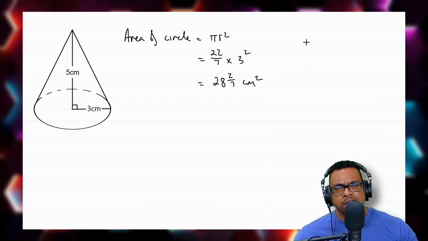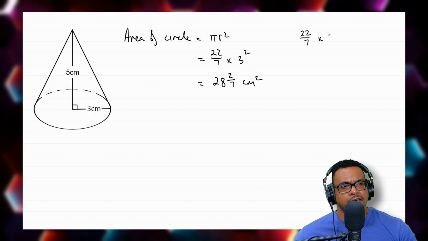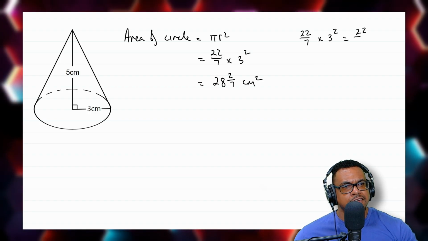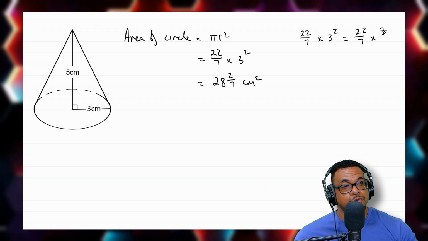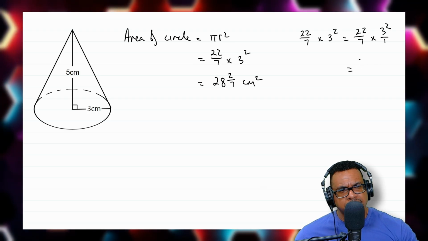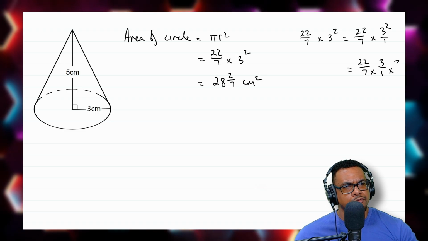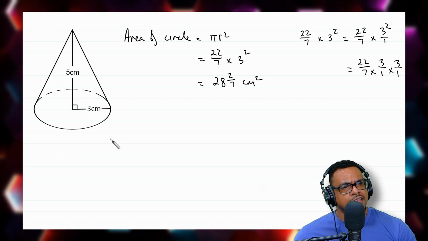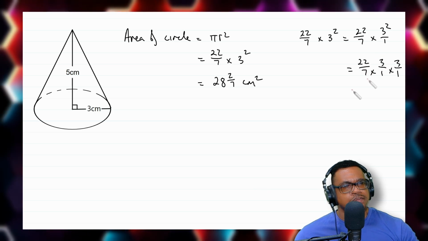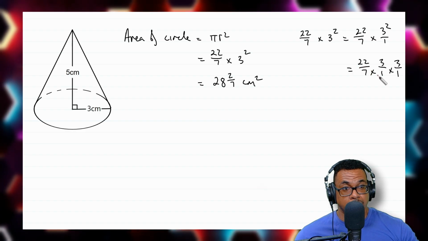Now I just want to show alternatively, you have the 22/7 multiplied by 3 squared. You can write that as 22/7 multiplied by 3 squared over 1. Which some people write as 22/7 by 3/1 by 3/1 like that. And then you try to cancel. Of course, 3 and 7 cannot cancel. So you'll multiply 22 by 3 by 3 and then put it over 7 by 1 by 1.